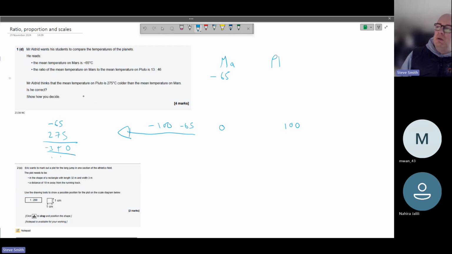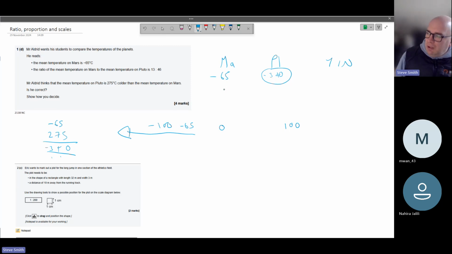So we've not earned ourselves any points yet for this question, but we know that he thinks that the mean temperature on Pluto is -340. And that's not the answer, because he thinks that. And is he right? It's saying, is he right? So it's a yes or a no question.